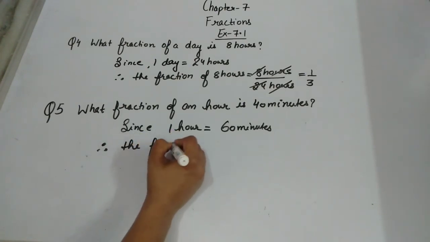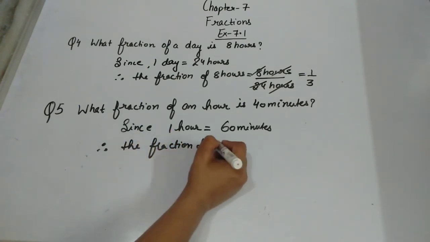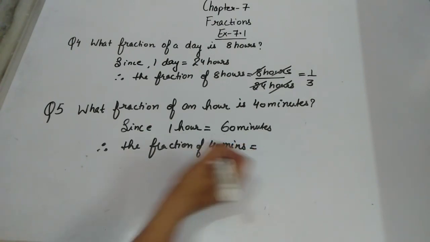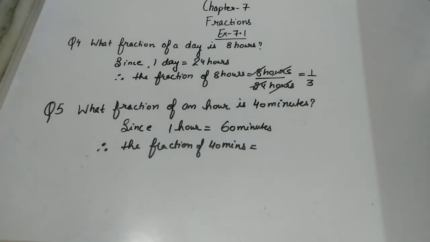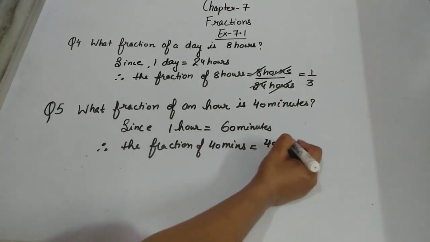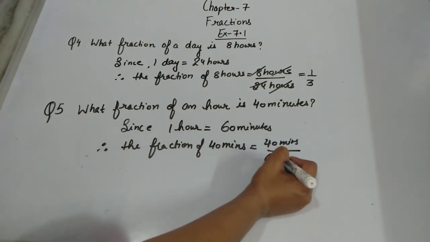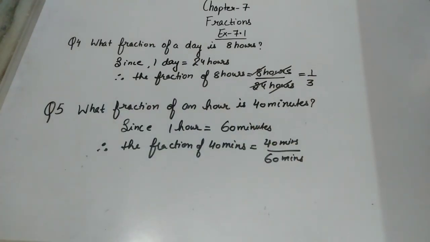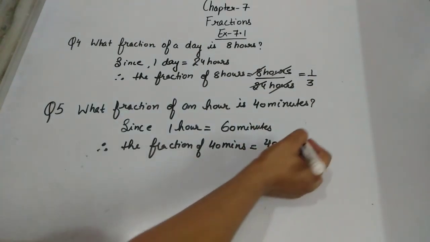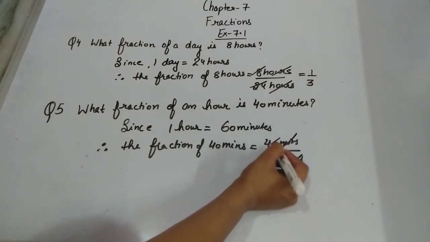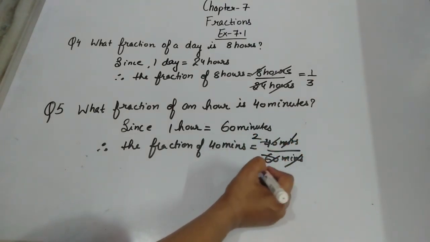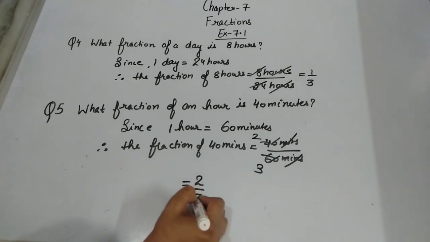The fraction of 40 minutes is equal to, you will write 40 minutes in the numerator, and in the denominator you will write 60 minutes, because total minutes in 1 hour are 60 minutes. So cancel it, minutes get cancelled, 0 gets cancelled, 2 2s are 4, 2 3s are 6. So the fraction is 2 by 3. Again I am telling you that there is no unit of a fraction. So this is question number 5.